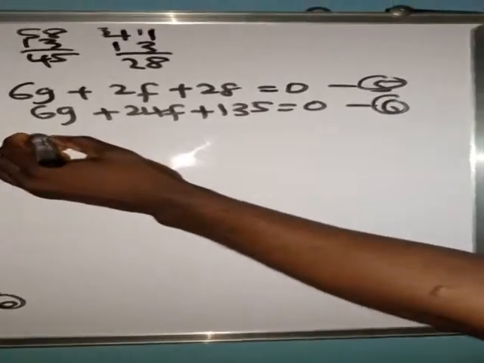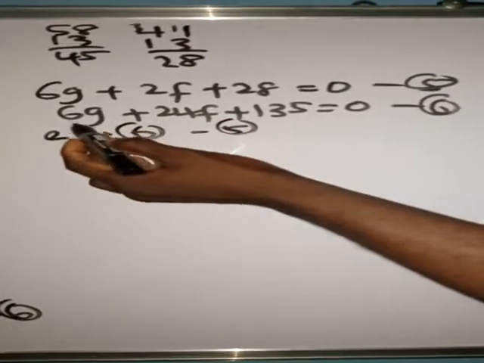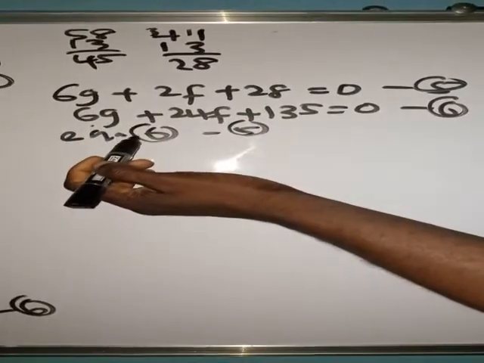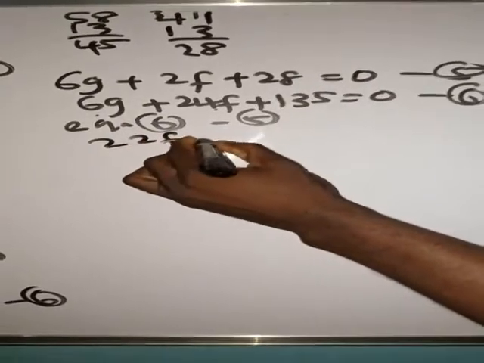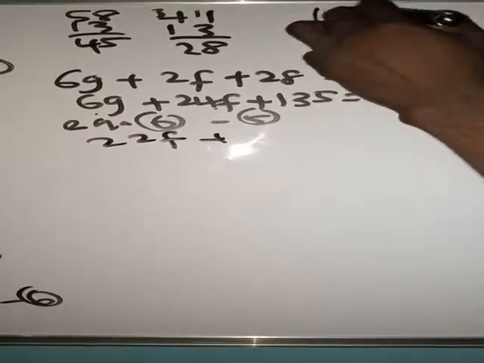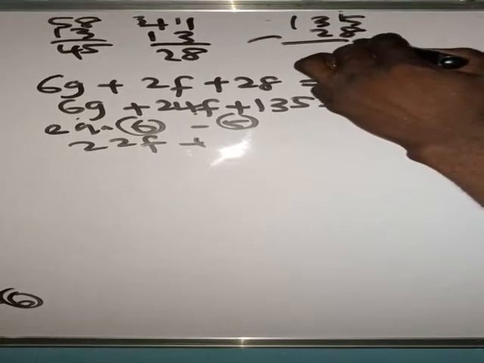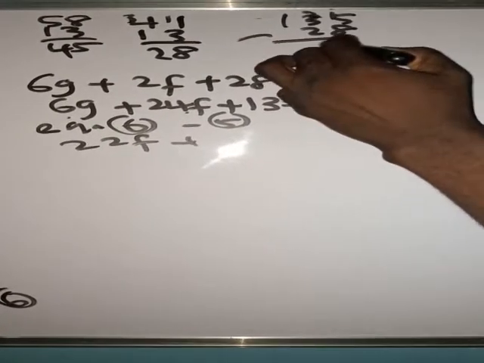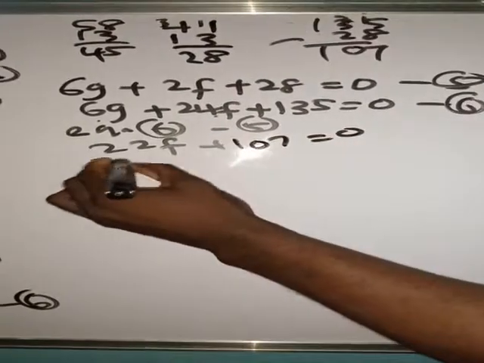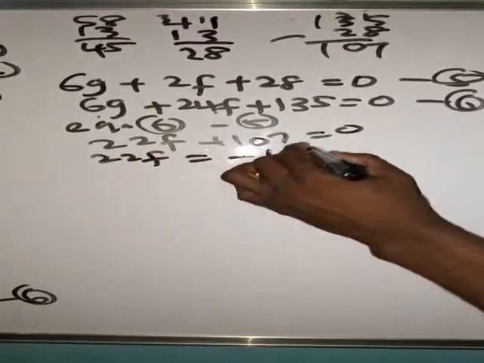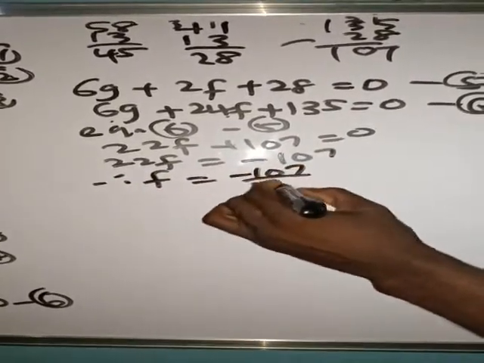Equation 6 minus equation 5. 6g minus 6g, 0, that is eliminated. 24f minus 2f gives you 22f, plus 135 minus 28. 15 minus 8 is 7, 2 minus 2, 0, 1. So that is 107 is equal to 0. So 22f is minus 107. Therefore, f is minus 107 over 22.